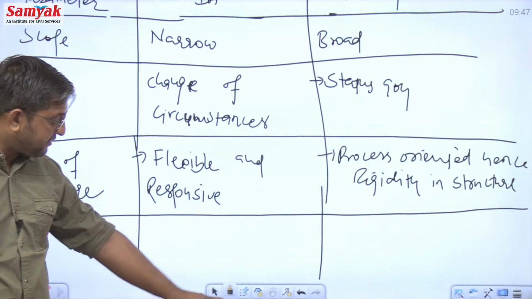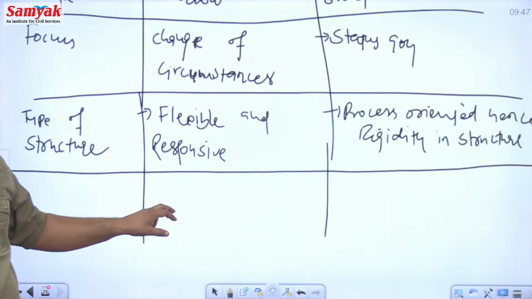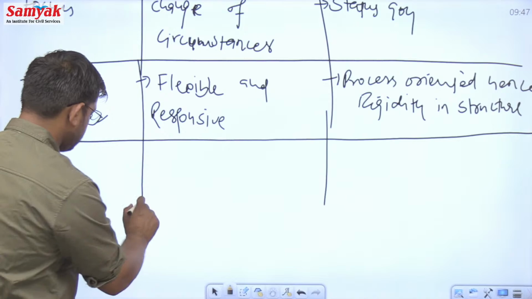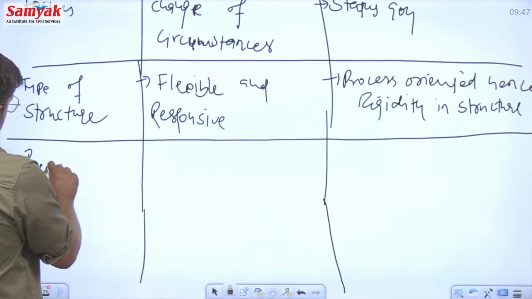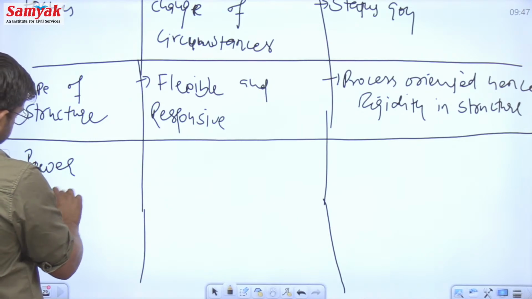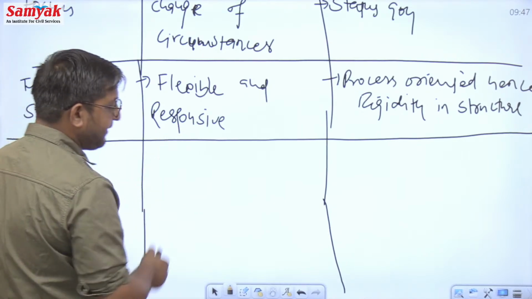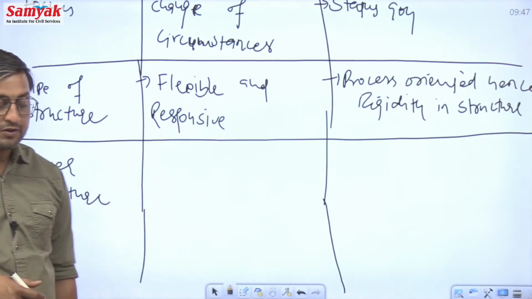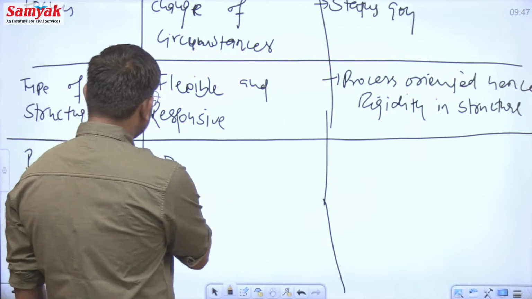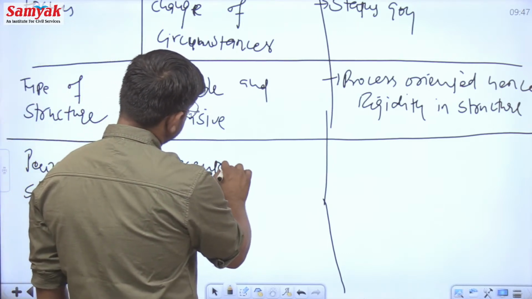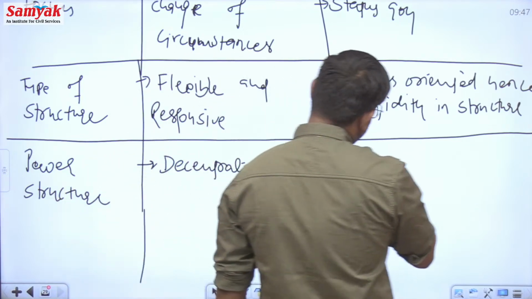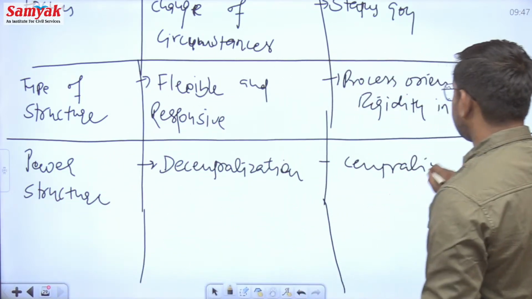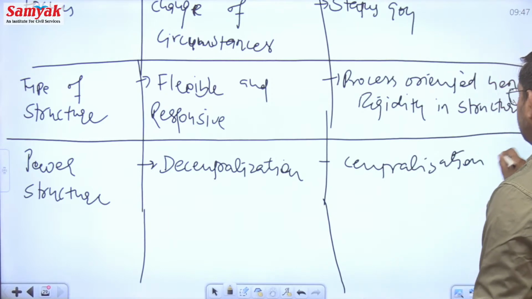Similarly, we have power sharing or power structure. Because they believe in participative administration, they believe in the decentralization of power, and here they believe in the centralization of power, or that power should lie with the officers only.